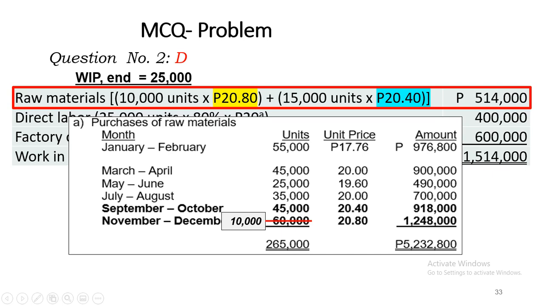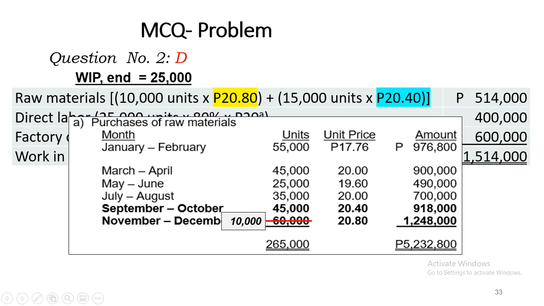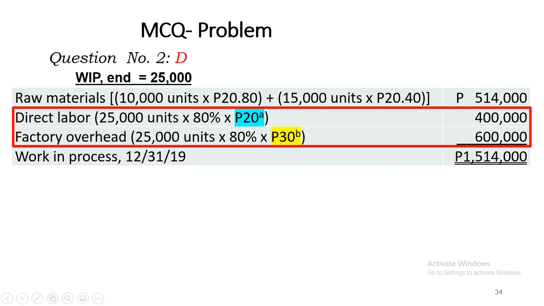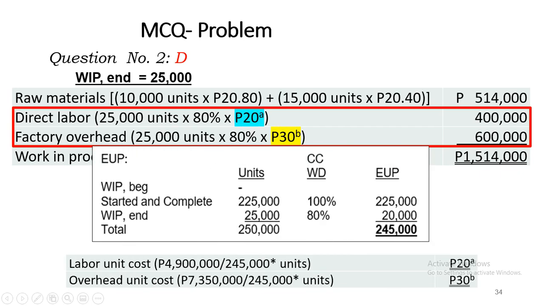Okay. Next one is direct labor and factory overhead. So, how come it is 20 and 30? To compute for this one, we must first compute the EUP, equivalent unit of production. The beginning, started and completed is 225,000. Since this is completed already, the work done is 100%, and the EUP is 225,000.